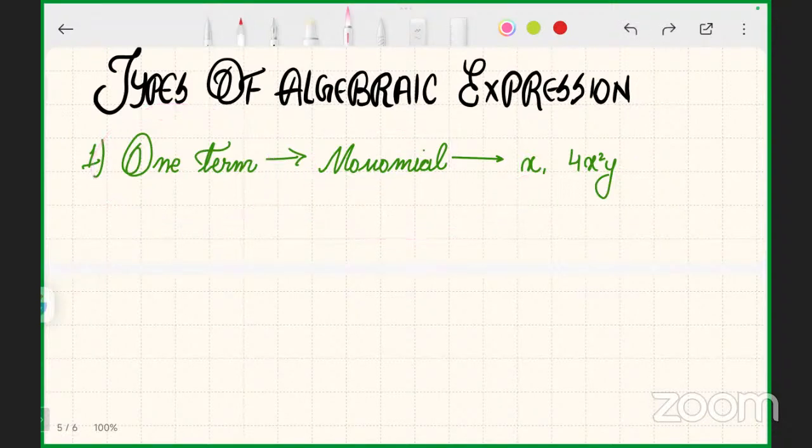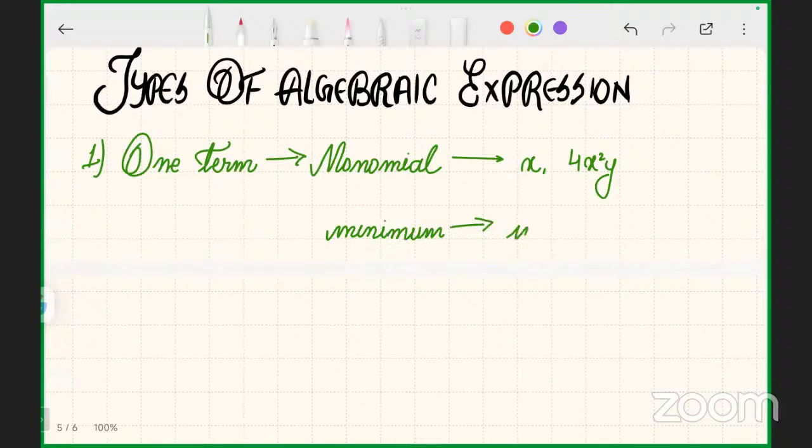I'll write it again. This is how I write monomial, but I write it like this.